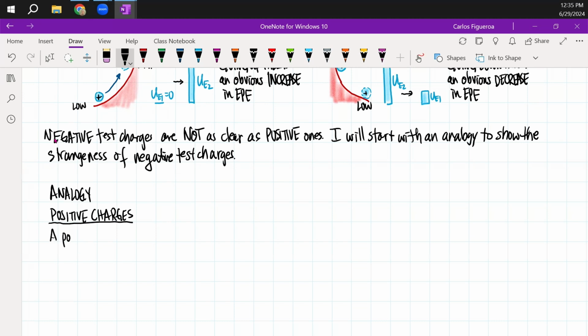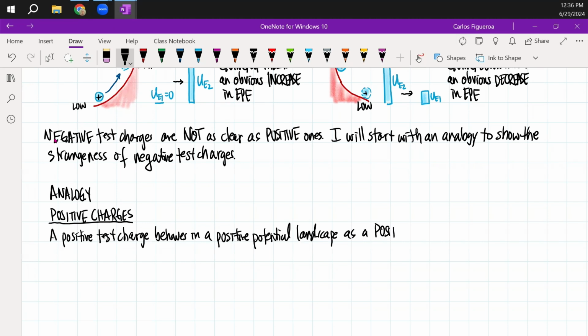A positive charge, I should say test charge, behaves in a positive potential landscape as a positive skier.